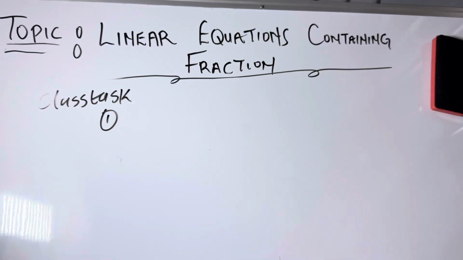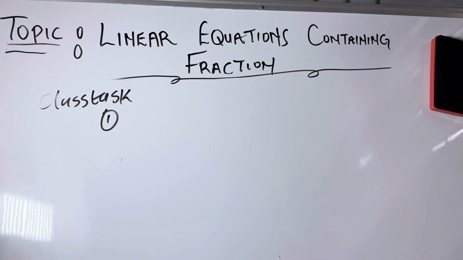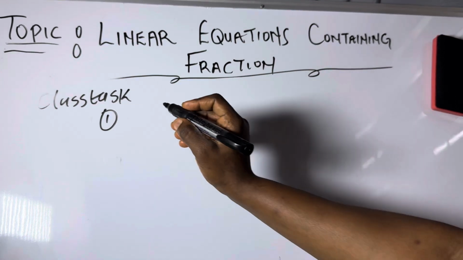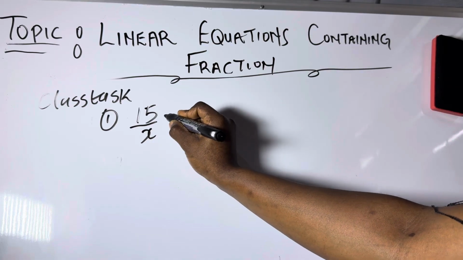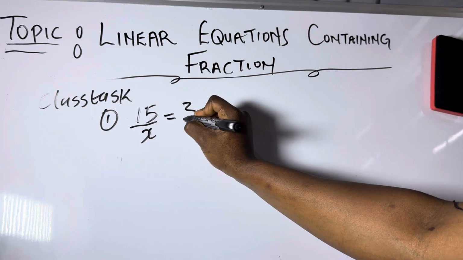Question 1. Now, I'm going to be writing out the question. In order for us to do the correction of each question, I'm going to be counting 1 to 10. Now, question 1 says 15 over x equals 3.